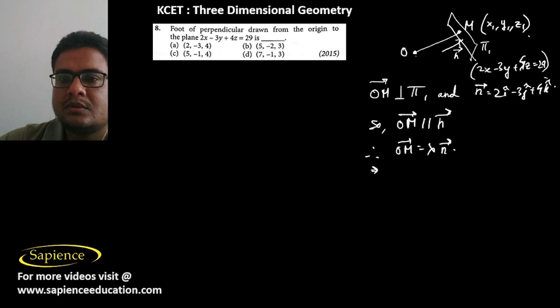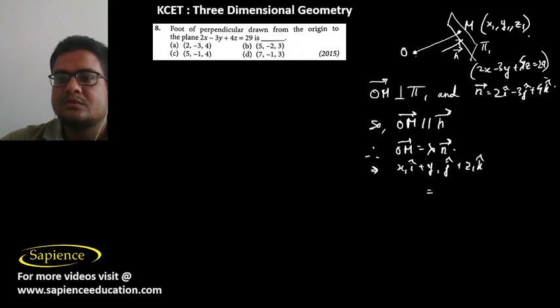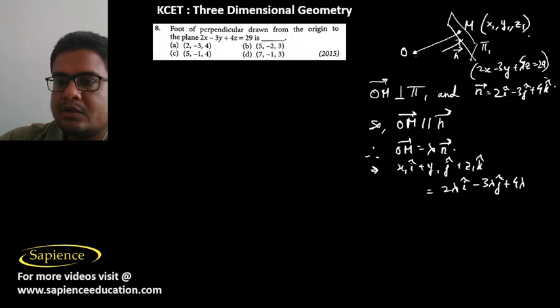Therefore OM vector, x1 i cap plus y1 j cap plus z1 k cap, is equal to lambda n, so this is 2 lambda i cap minus 3 lambda j cap plus 4 lambda k cap. Therefore x1, y1 and z1 are 2 lambda, minus 3 lambda and 4 lambda.